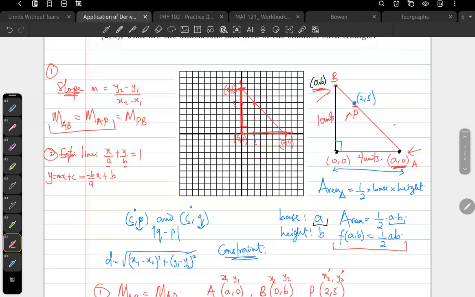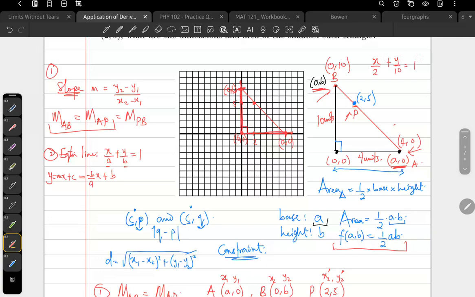You can figure out the hypotenuse using Pythagoras theorem, and you also find out that, so this is (4,0) and this is (0,10). The equation of the line joining these two, which is the hypotenuse of this triangle, definitely contains the point (2,5), because that is x over 2 plus y over 10 equals 1.